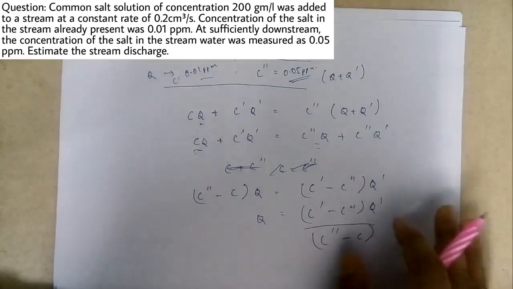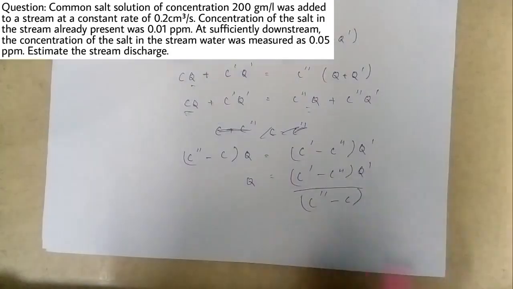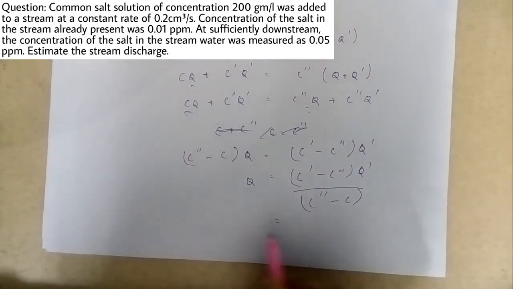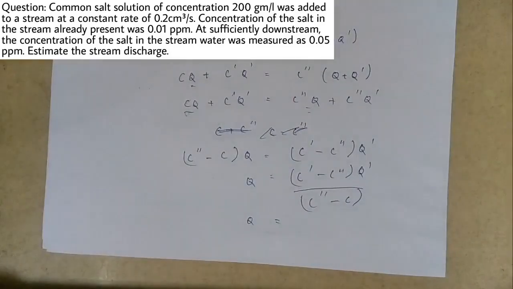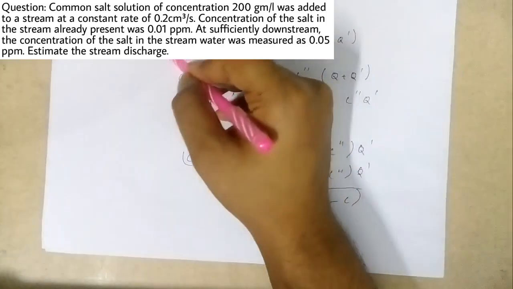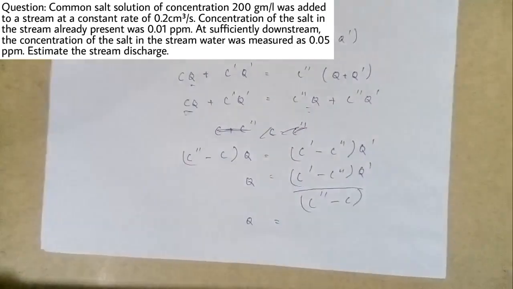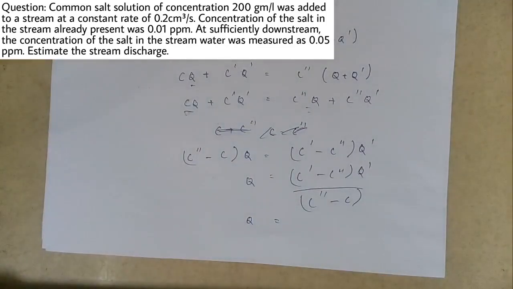So let's just substitute the values. The value of C prime is given in gram per liter, whereas C and C double prime are given in ppm. So we are going to convert all of them into gram per gram.